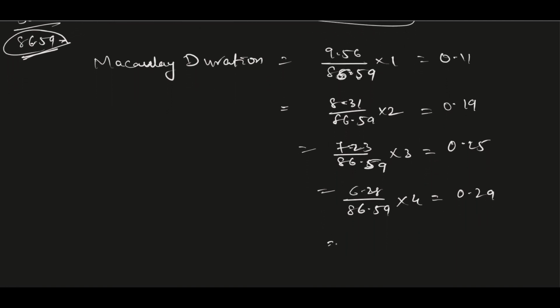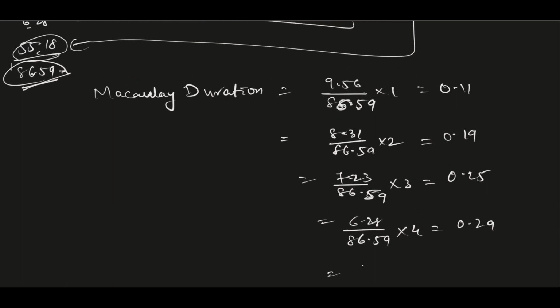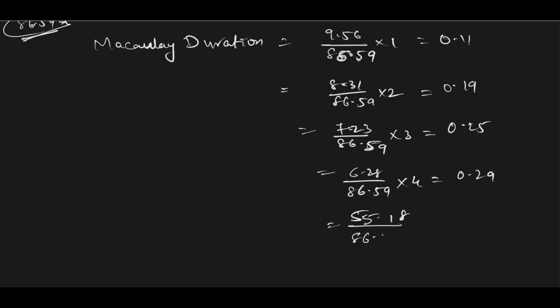And the last one is 55.18 divided by 86.59 into 5. So that comes to 3.18.